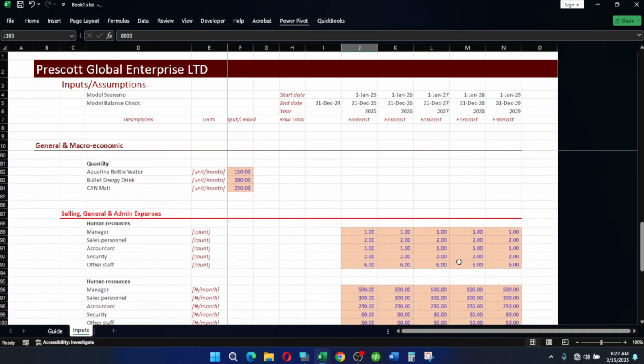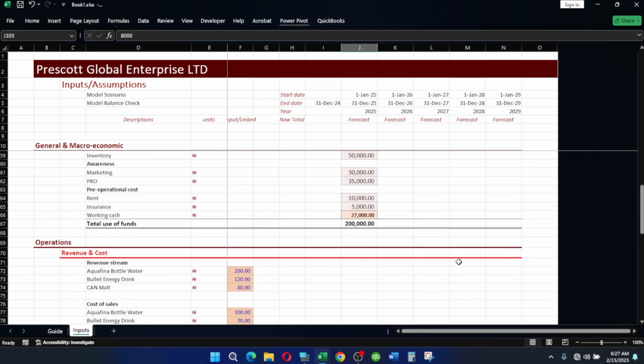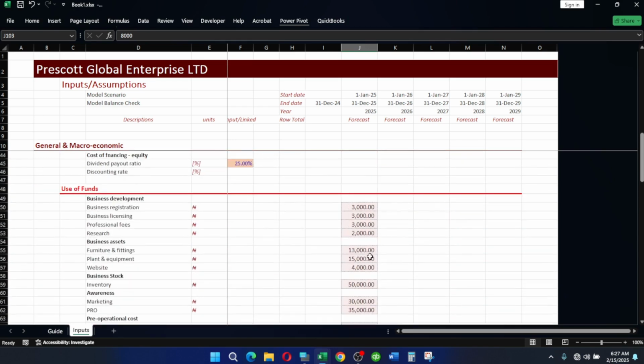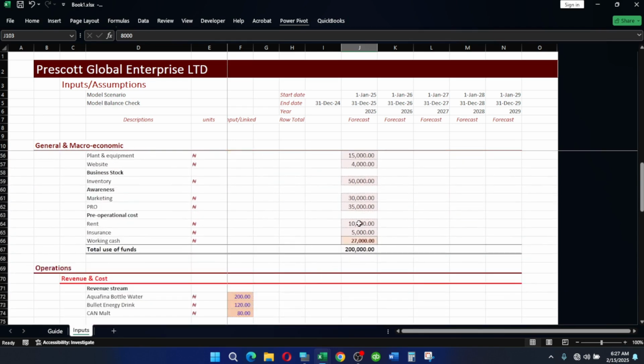Now, under the operational cost, which is the one we have under the use of fund here, is the initial rent you are going to pay before you start using that facility, before you start using that building. That is what it is, right?